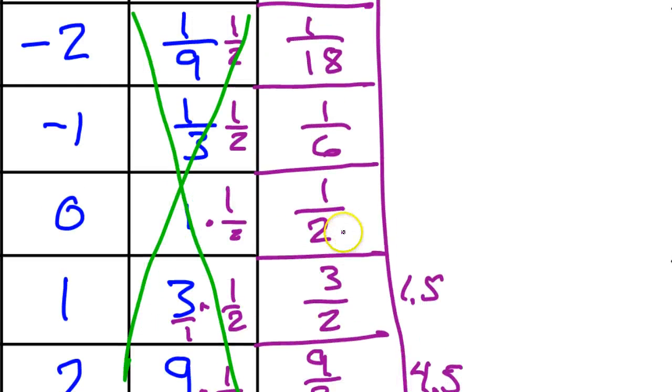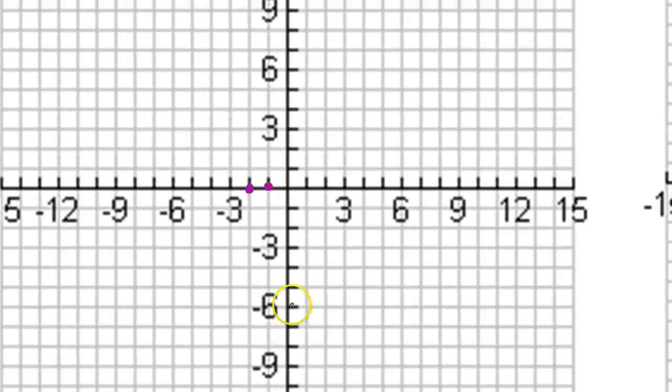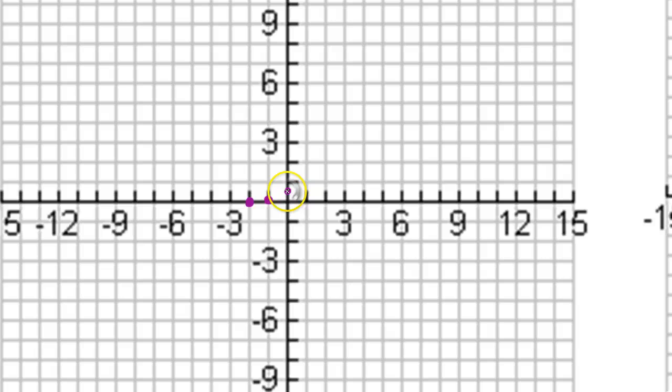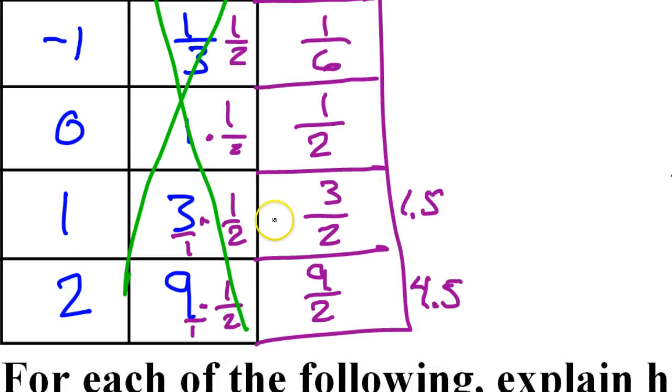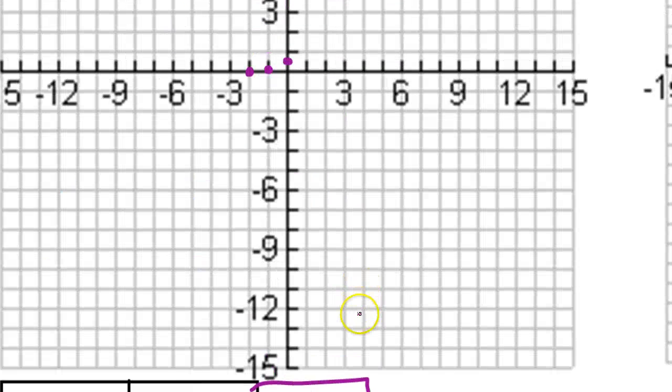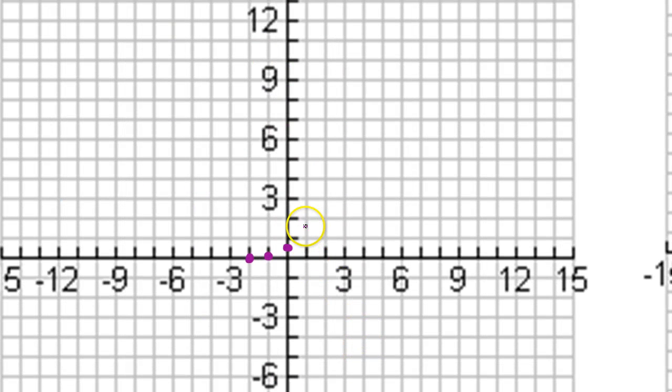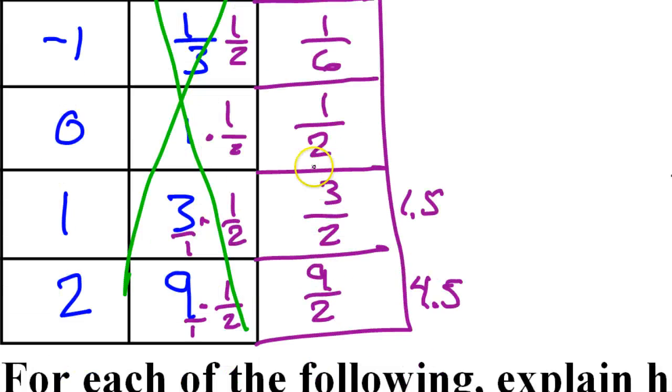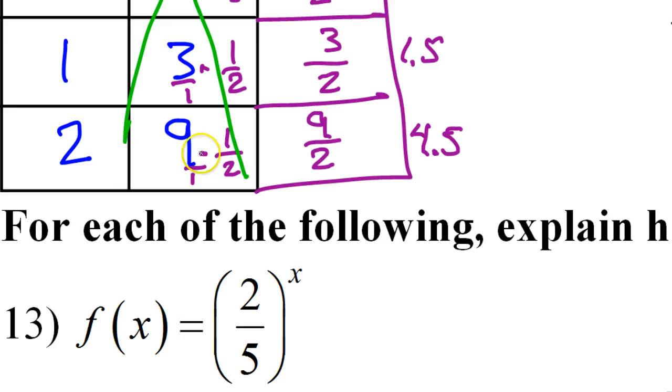And then at 0, we're at 1/2, which is still pretty low, but it's half a square up. And then at 1, we're at 3 over 2, which is 1.5. So that will be right here, 1.5 squares up. And then at 2, we're at 9/2, which is 4.5.